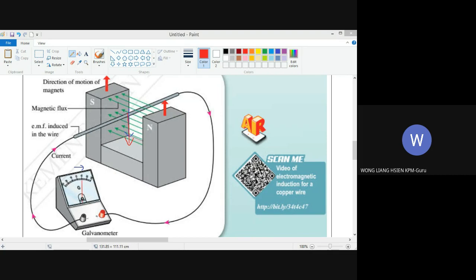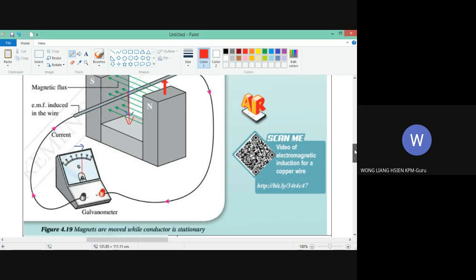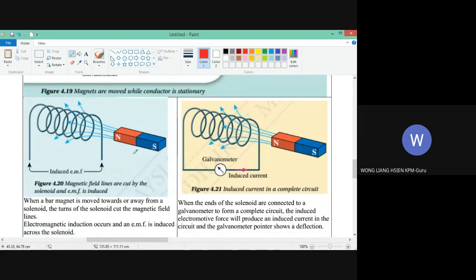It will be the same with the solenoid also. If we push the magnet in, compared with when we pull the magnet out, the direction of cutting is different.